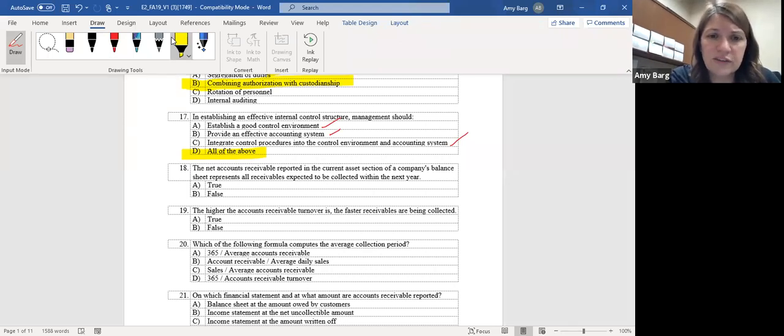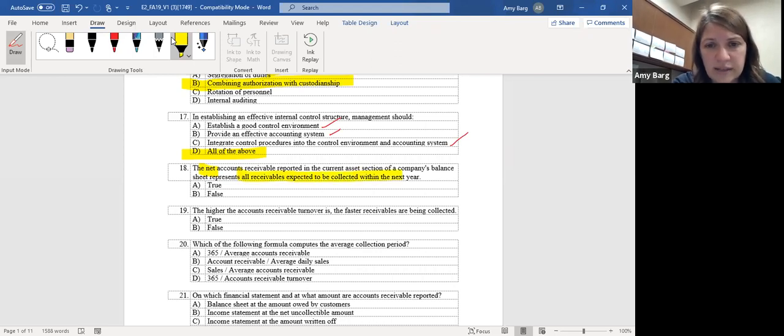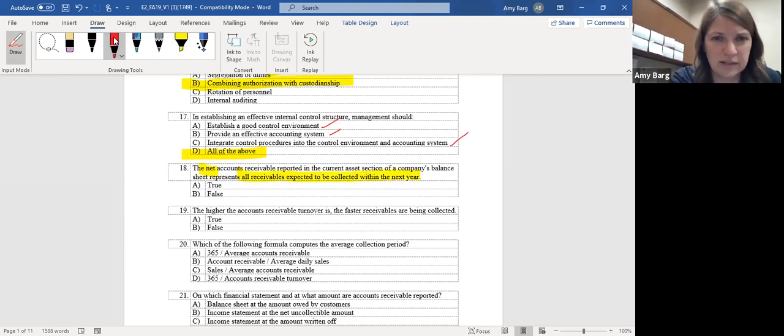The net accounts receivable reported in the current asset section of a company's balance sheet represents all receivables expected to be collected within the next year. So the key here is net and all receivables expected to be collected. So the answer to this is true.